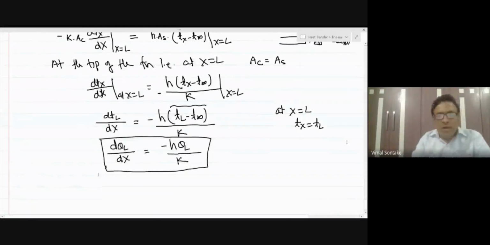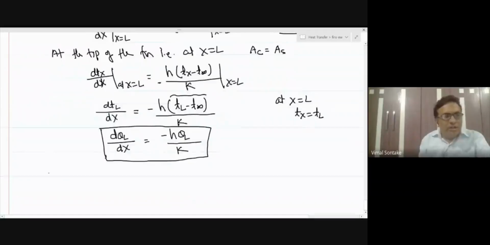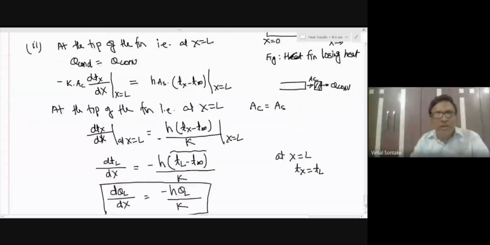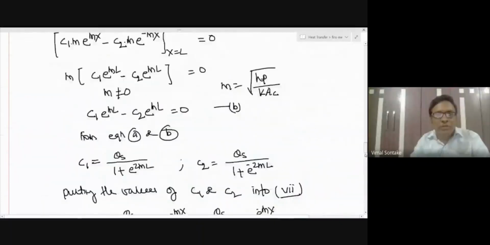Okay. Now recall equation number 7. What is equation number 7? If you don't remember, let me get back to you to equation number 7.